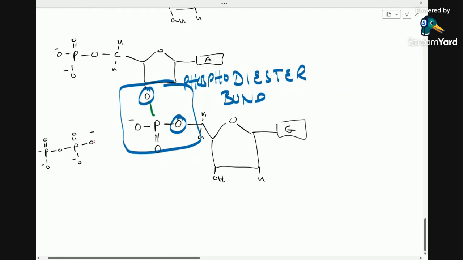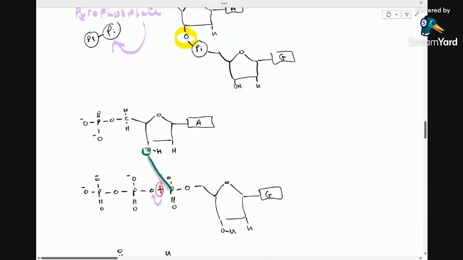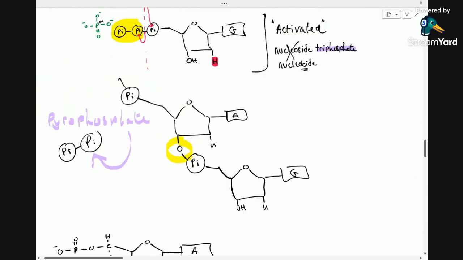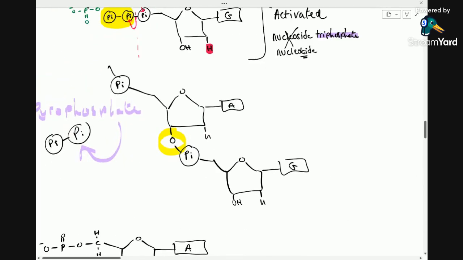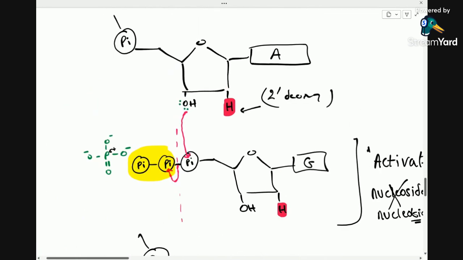The only last thing to mention with this is that there's directionality here. So I'm going to use this one as an example. If we're numbering the carbons in the sugar, don't forget this is our 1', 2', because it's 2' deoxyribose, 3', 4', and 5'. Same thing here.